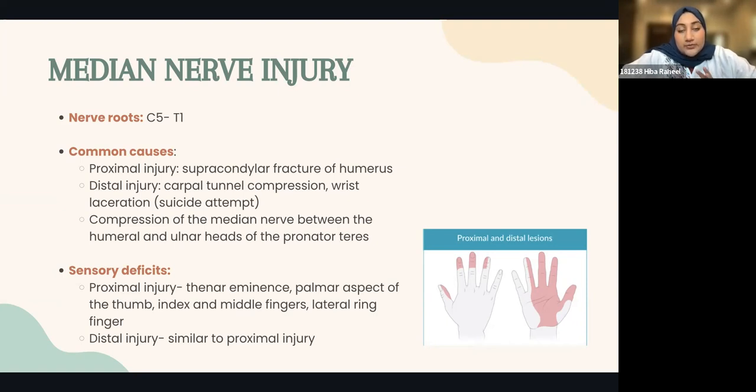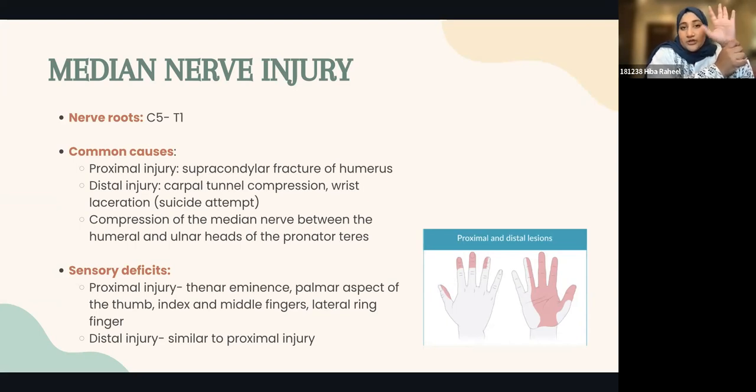Proximal injury, if there is injury to the median nerve proximally, you will have sensory deficits over the thenar eminence, so below your thumb, the palmar aspect, and the index, the middle finger, and then the lateral side of your ring finger, okay? Distal injury is kind of the same way, because if you remember, over here the median nerve does not really give sensory supply.